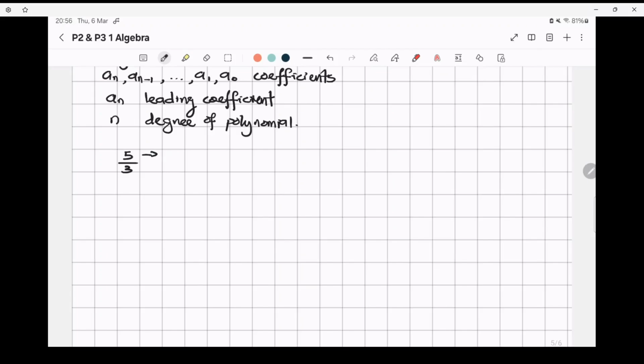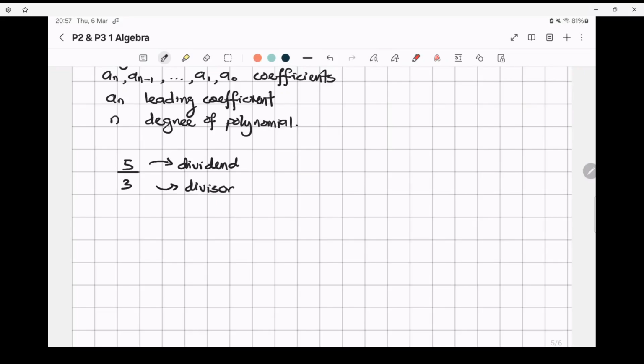The one on top is what we call the dividend. The one at the bottom is what we call the divisor.